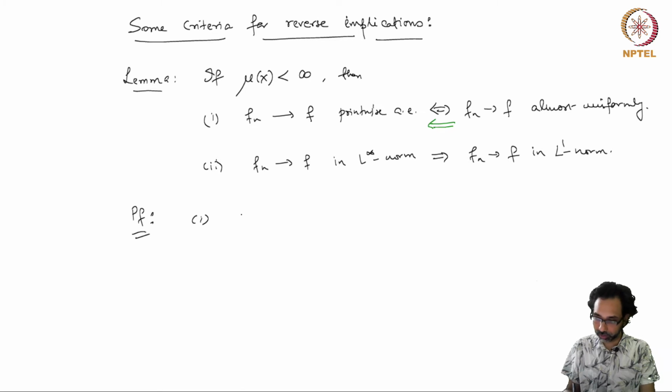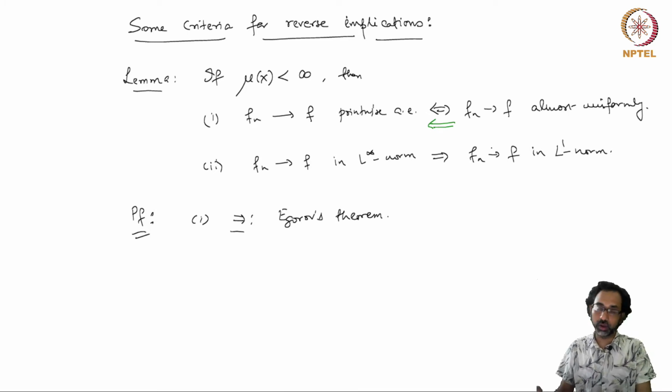This forward implication is precisely the statement of Egorov's theorem that we have seen, which was about almost uniform convergence when you have pointwise almost everywhere convergence. So, this we have already seen.